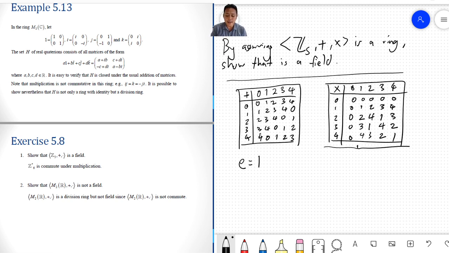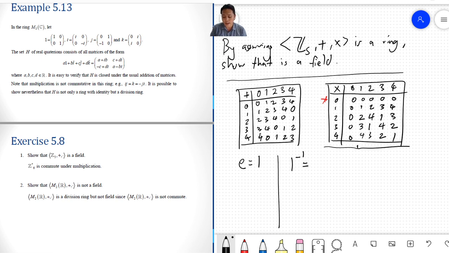Then you need to mention the unit for every non-zero element, so it excludes 0. You don't need to find the unit for 0. However, I do need you to tell me specifically what is the unit for 1.